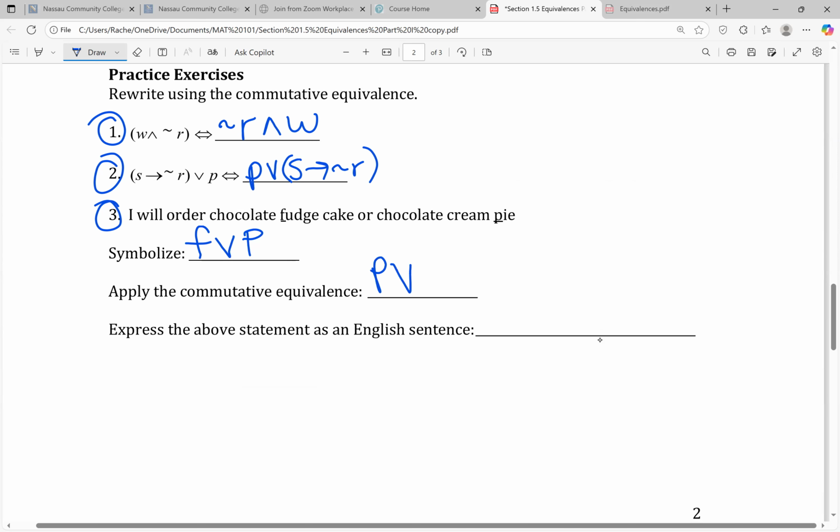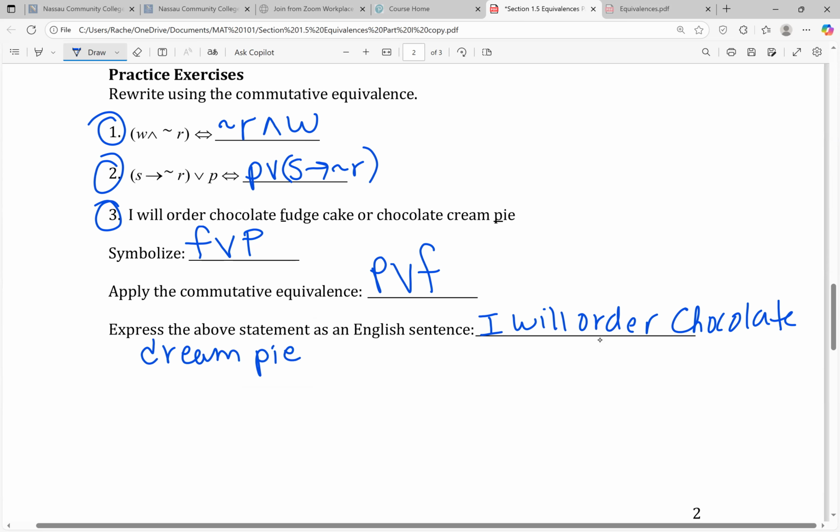So P or F. And if we were to write that in English words, we would just say, I will order chocolate cream pie or chocolate fudge cake, right? So either way, those two statements are equivalent.